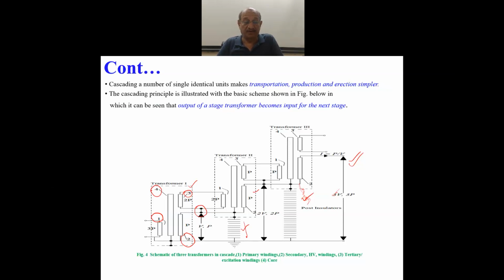We'll see some photographs. The cascading principle is illustrated as I have explained to you, and it can be seen that the output of a stage transformer becomes the input for the next stage.